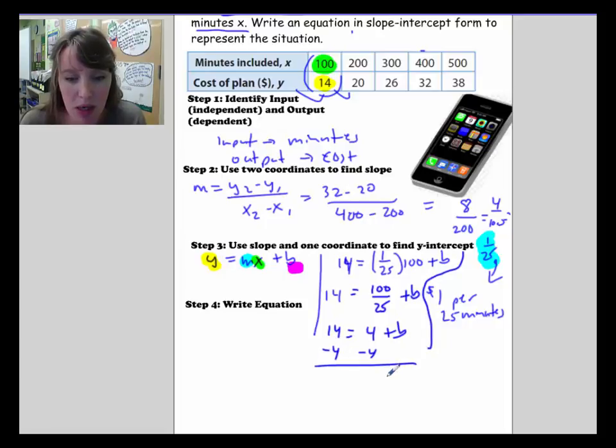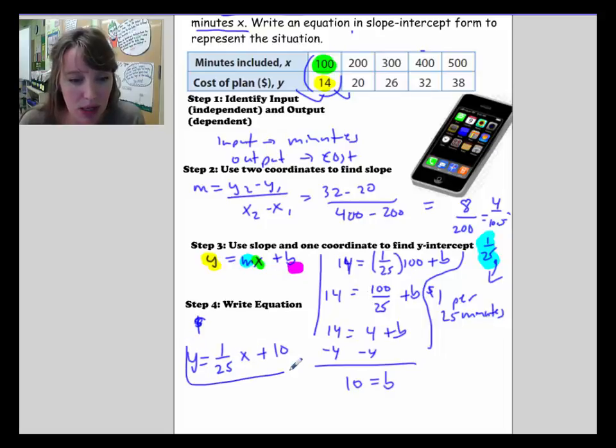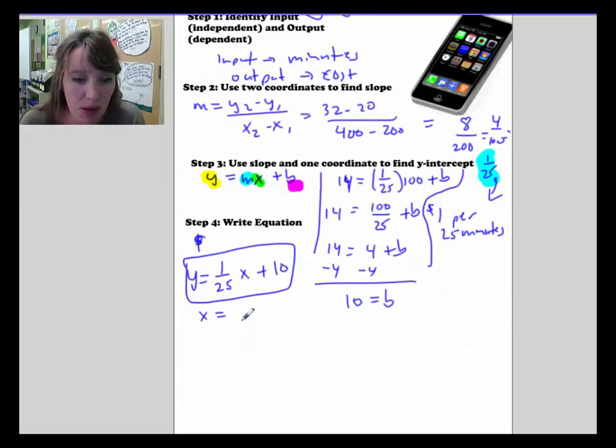Subtract 4 from both sides, and b is going to be equal to 10. So that's like your monthly cost before you start paying for the per minute cost. Okay, so we have y is equal to 1/25 x plus $10. And there's your equation, where x is equal to minutes and y is equal to total cost.